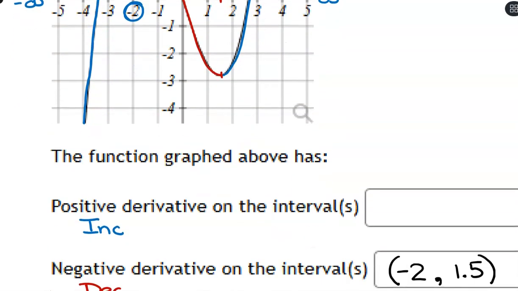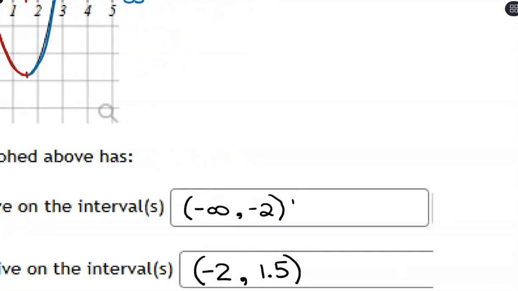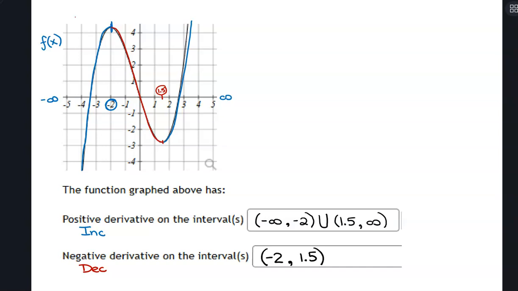So how I would write that is we're going to have parentheses, -infinity, comma, -2, close those parentheses, and then we use the U symbol to show a union of intervals, and then we're going to start at 1.5, so parentheses 1.5, comma, infinity, close those parentheses, and that'll have our two intervals for negative and positive derivatives based on whether our graph was increasing or decreasing.